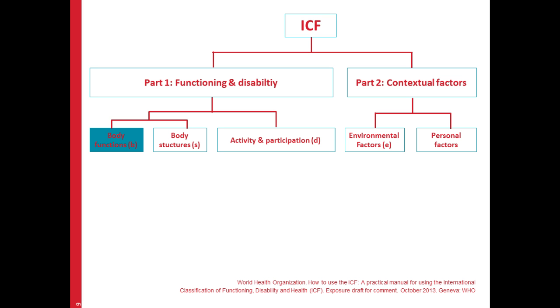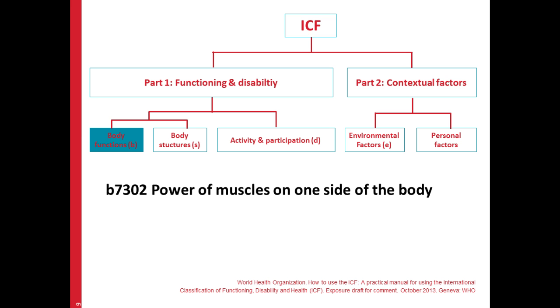Multi-digit codes are listed within each chapter, with each successive digit giving more specific information. Thus, the code B7302 refers to power of muscles on one side of the body. And the way this works is the 7 relates to general neuromuscular and movement-related functions. That's the chapter of the body functions.